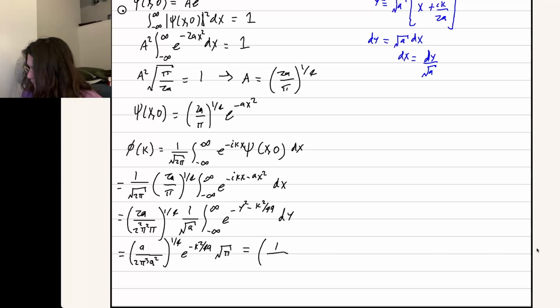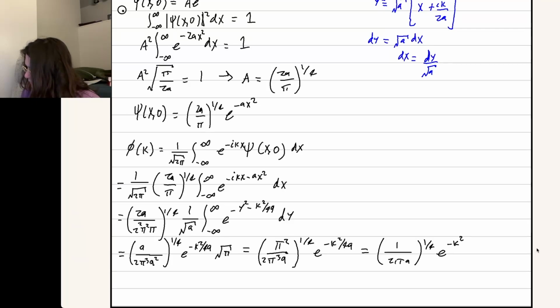So we have 1 over 2 pi a to the 1/4 times e to the minus k squared over 4a. Glorious.